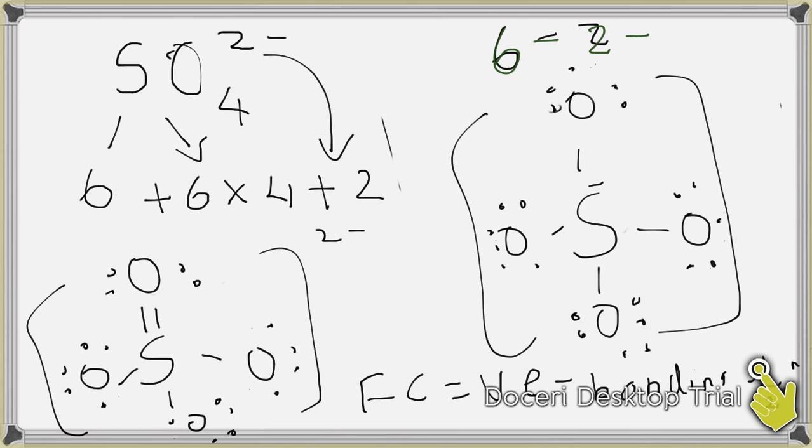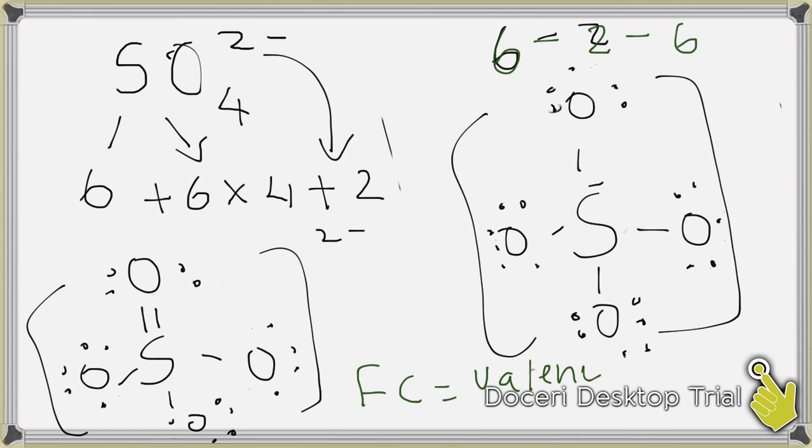Non-bonding 6. So let me write the formal charge equation again clearly for you, then it's easy. Formal charge, valence electrons minus half bonding, and then non-bonding electrons.